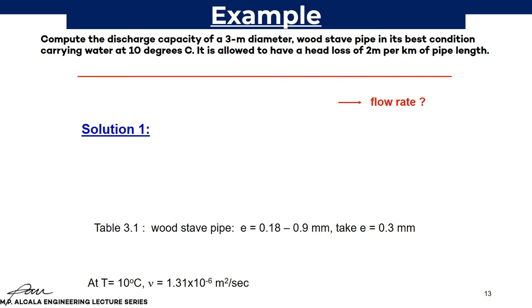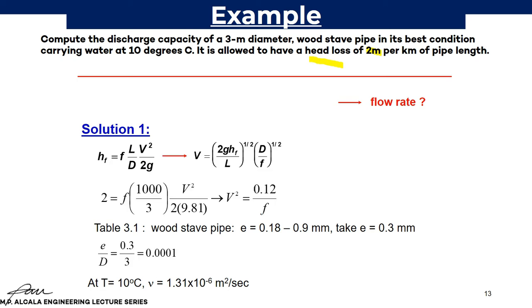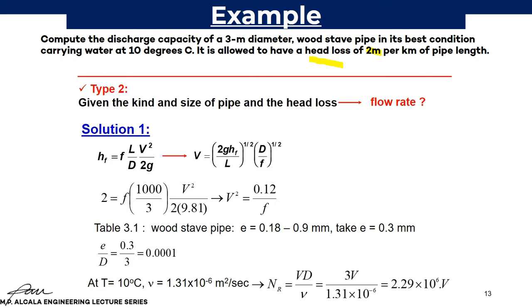Again, the 3 meter here is the diameter. It is allowed to have a head loss of 2 meters per kilometer of pipe length. So given the head loss, and asking for the discharge, what type of problem is this? This is a type 2 problem, given the kind of pipe, the wood stave.